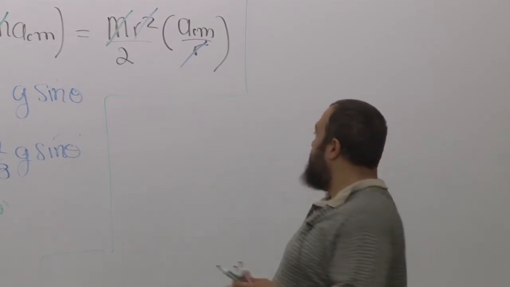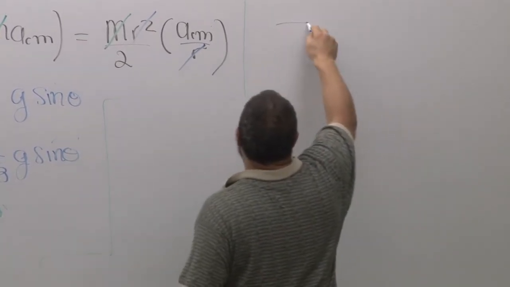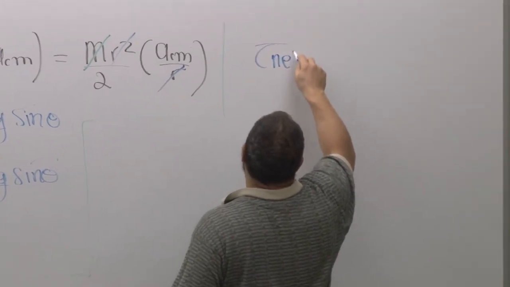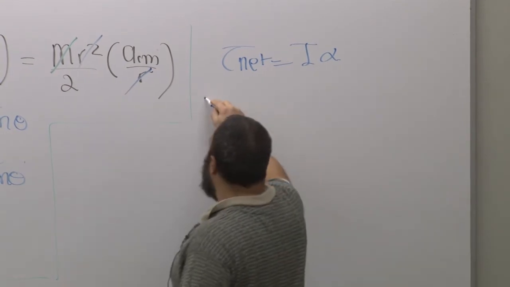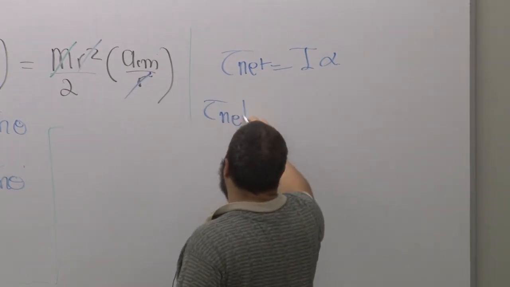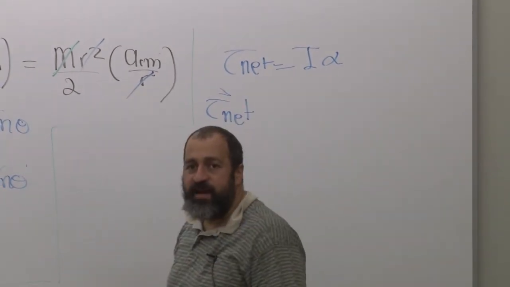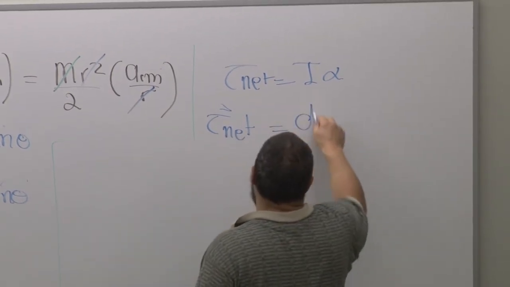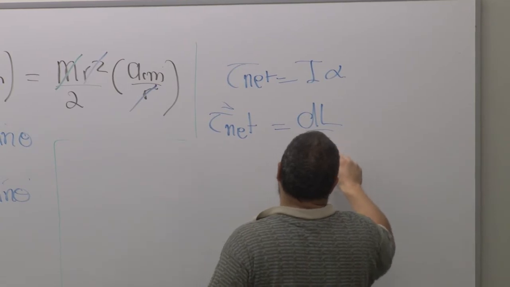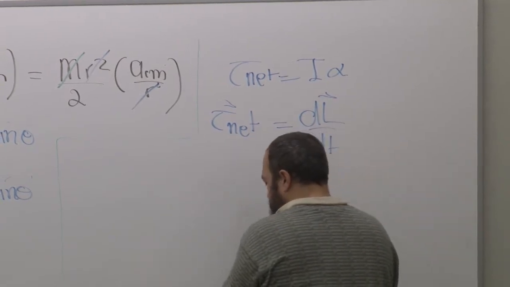People, remember that tau net equals to what? I alpha. Also, tau net equals, what did we say with respect to angular momentum? Tau is equal to dL by dt. Please pay attention here.